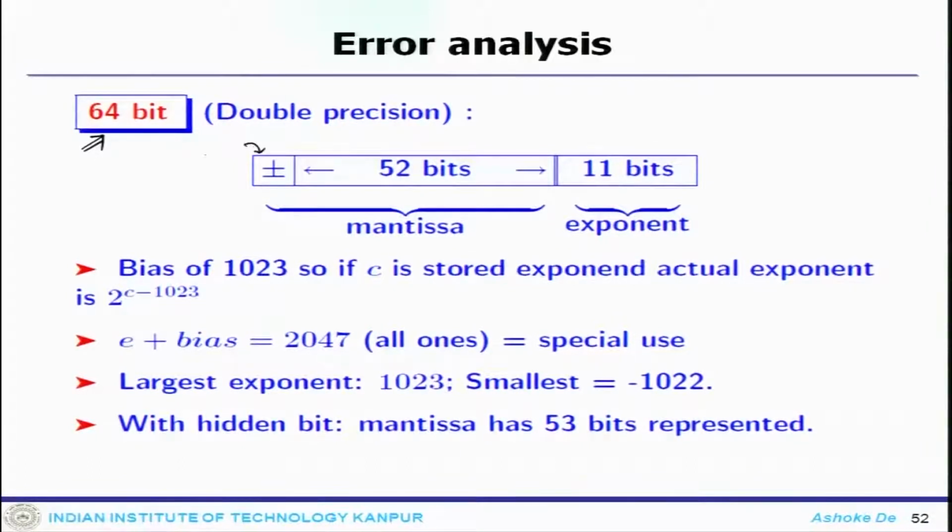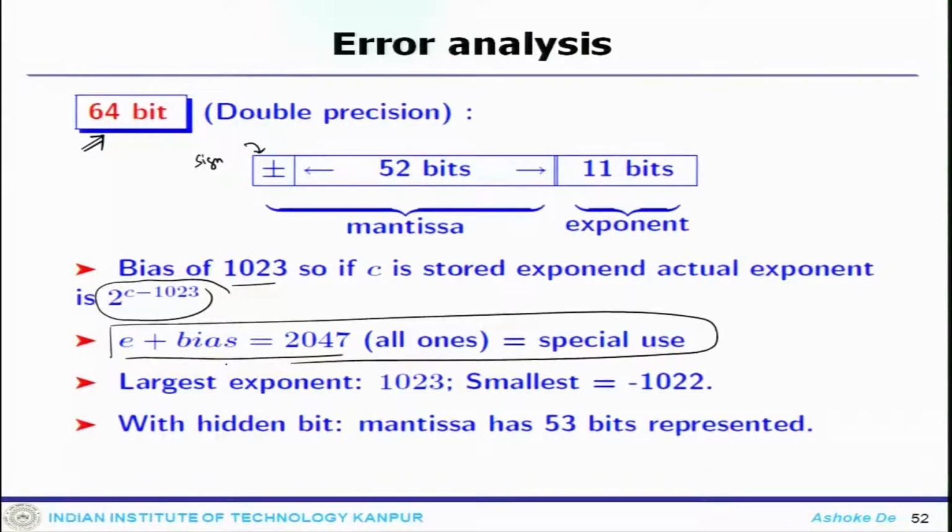Now, when you go to 64-bit precision, or rather the double precision system, 1 bit is again assigned for the sign, 52 bits assigned for the mantissa, 11 bits for the exponent. So, the bias is 1023. If C needs to be stored, the actual exponent is 2 to the power C minus 1023. In mathematical terms, E plus bias is 2047.